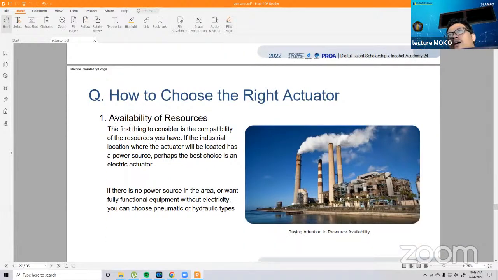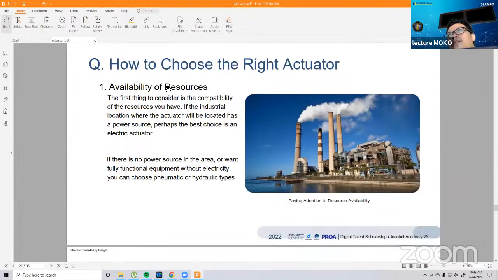The first is you need to consider the availability of resources. If there is no electricity in your area, you can choose the air power or the liquid power. But for example, for the mining industry or the oil refinery industry, it's a very dangerous industry that is very sensitive to electrical burn and fire.